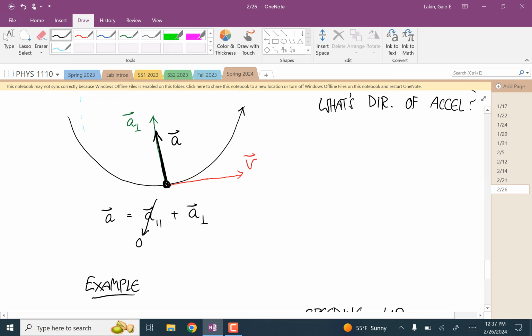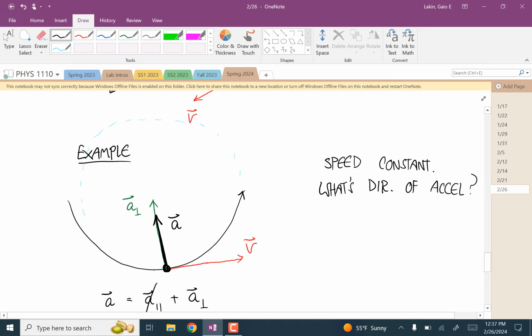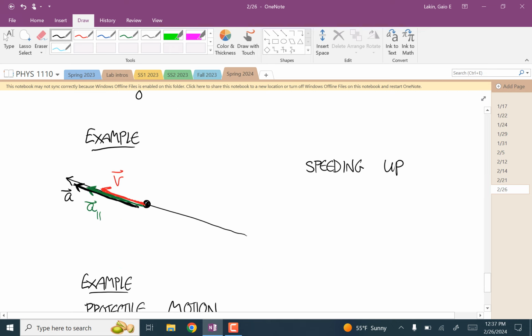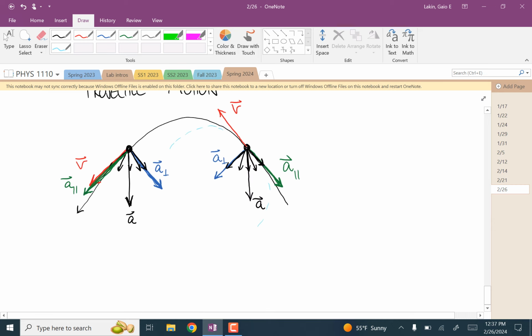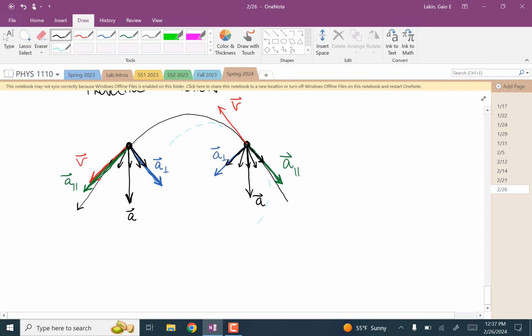You don't have to think about it as a range. You know what I mean? So this one where it's only turning, we knew exactly the direction of the acceleration. And this one where it's only changing speed, we knew exactly the direction. It's only when you have both parts that you can only narrow it down to a range of 90 degrees. Okay?